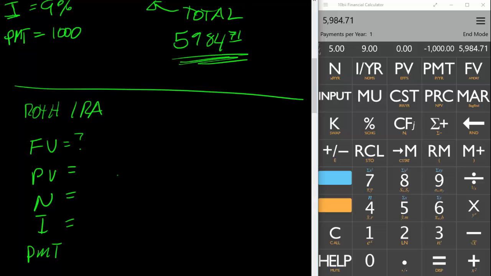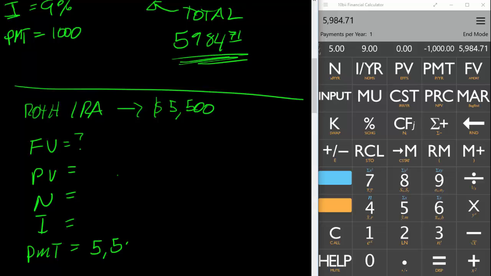And if I max out my Roth IRA, it allows me to make contributions of $5,500 per year after tax. So I'm going to make a $5,500 contribution. Where do I put that? Well, it's my contribution and I'm making it per year. I'm going to put it down here.